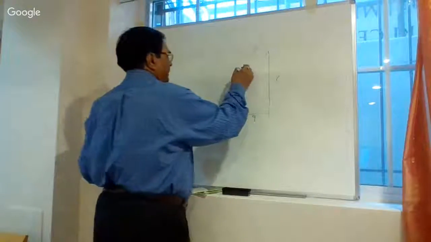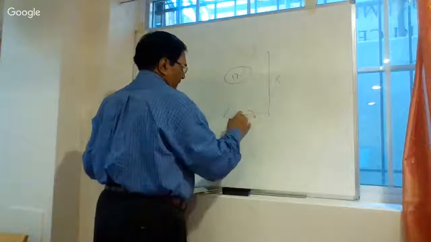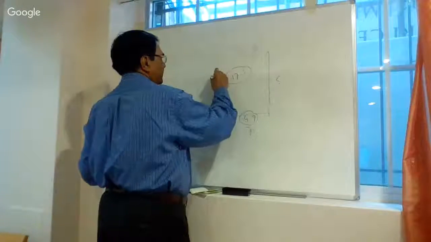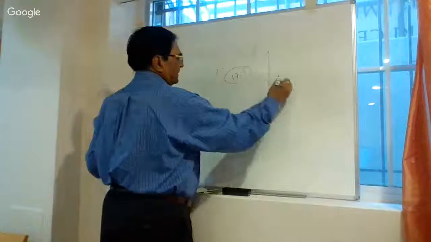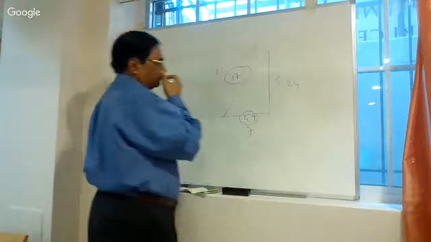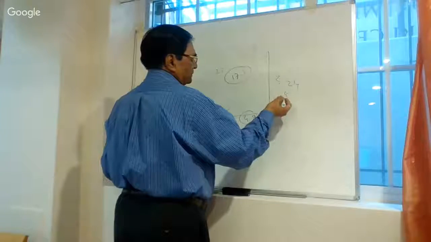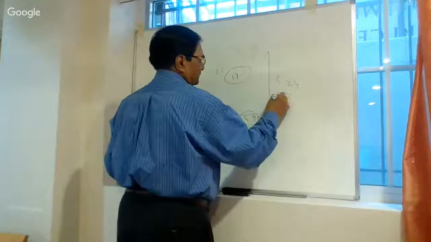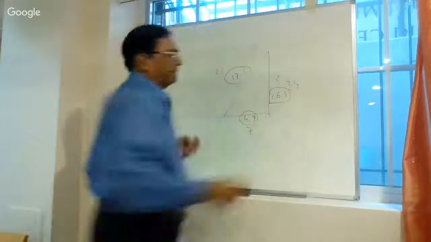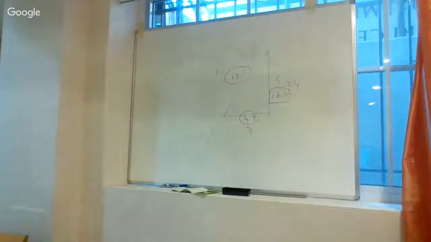You can take, circle it, 7 times. This is 7, 25, and this will be 24. So it's 7 times 24. See the answer, very simple.